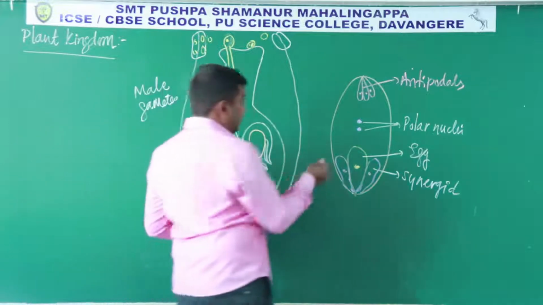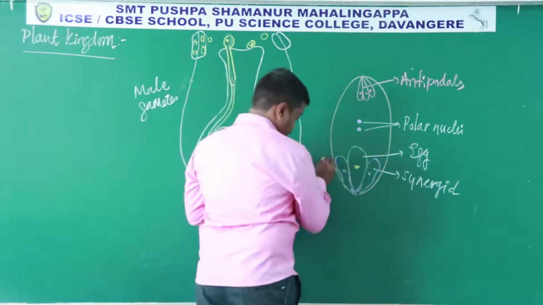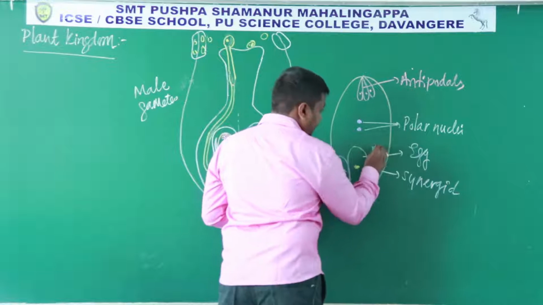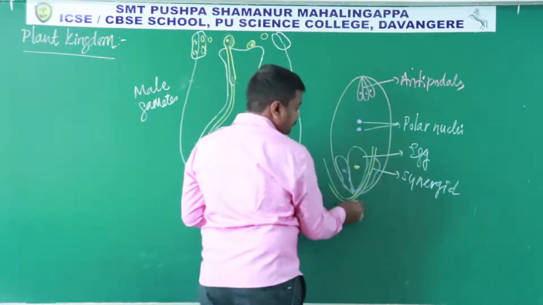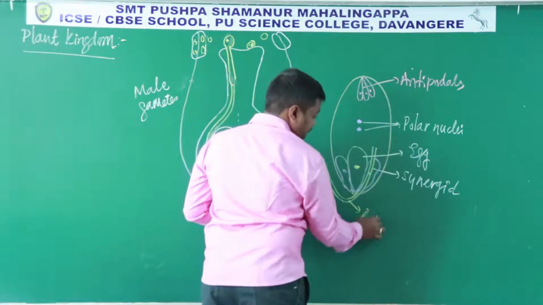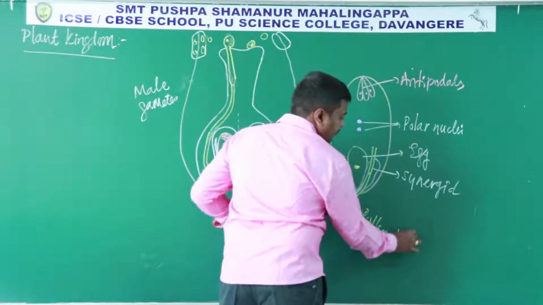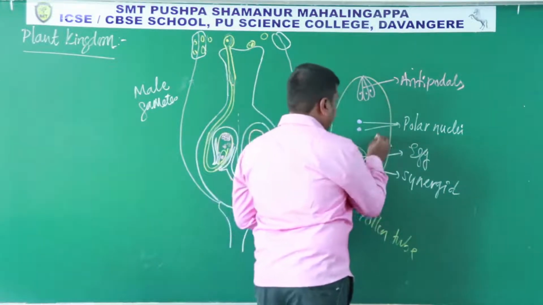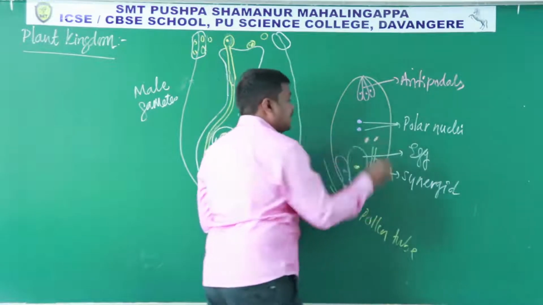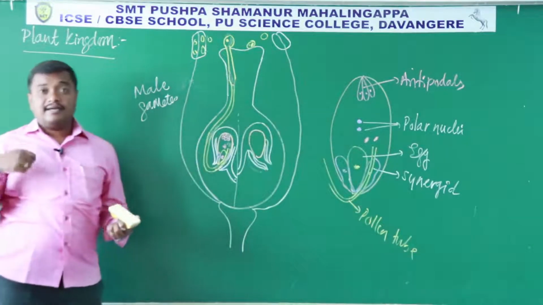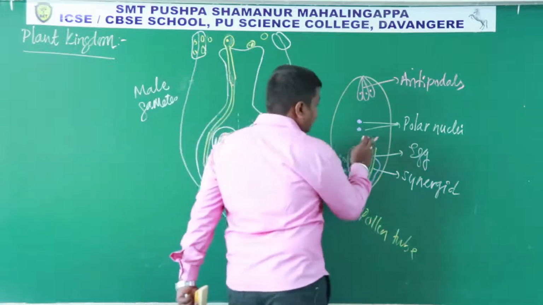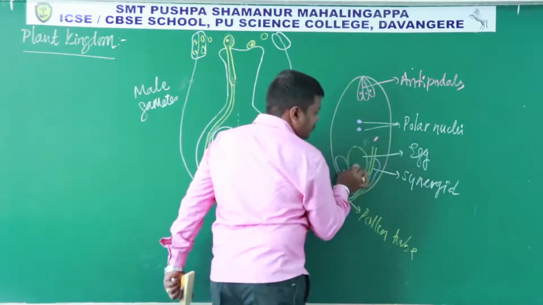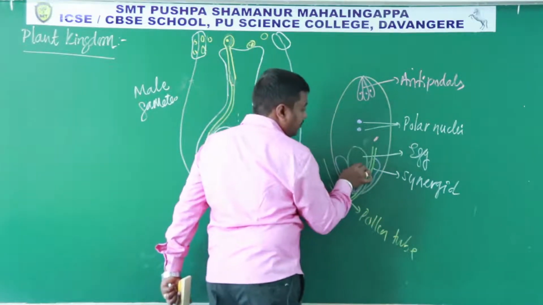Let me write it here again. The pollen tube discharges. This is the pollen tube. When it enters into the embryo sac, it releases 2 male gametes. One of the male gametes fuses here with the egg to form a zygote.